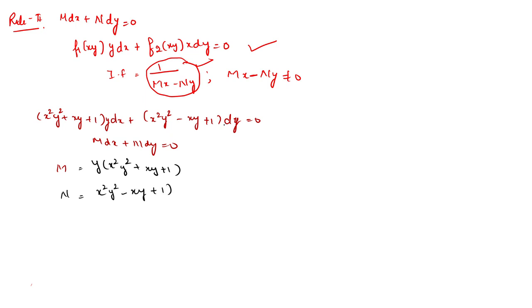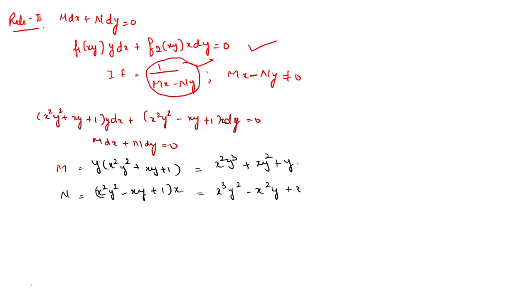Sorry, in the equation here there is also an x. So M would be x square y cube plus xy square plus y, and N should be x cube y square minus x square y plus x.